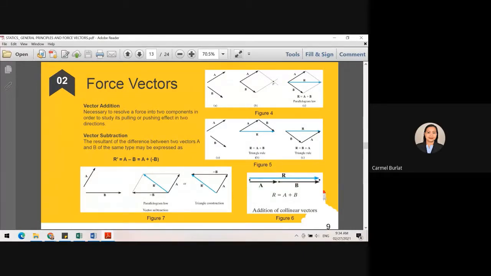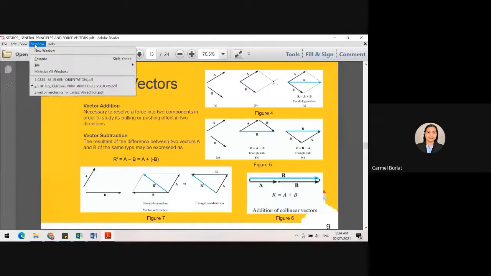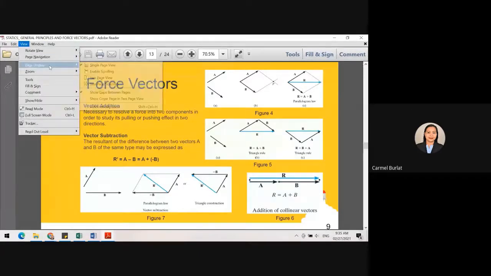Today, this slide is about addition and subtraction of vectors. So you have your A here first.